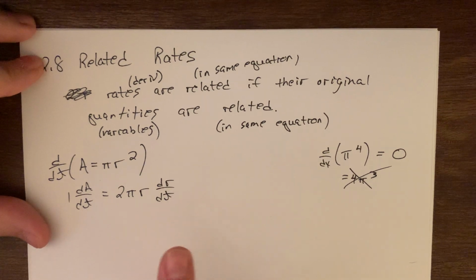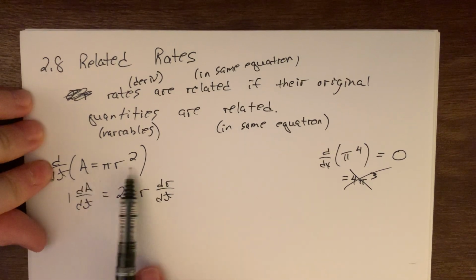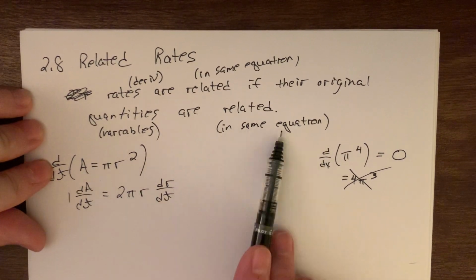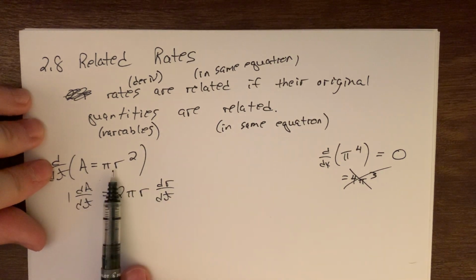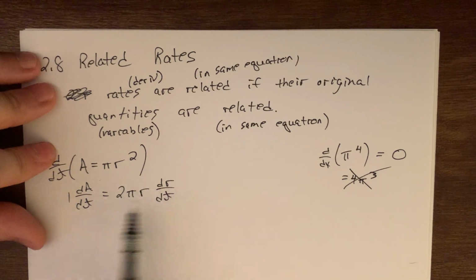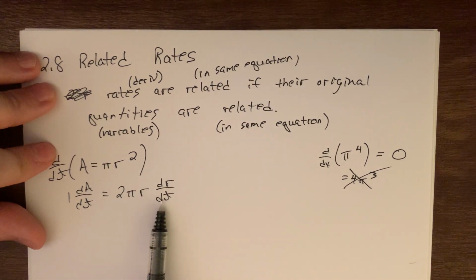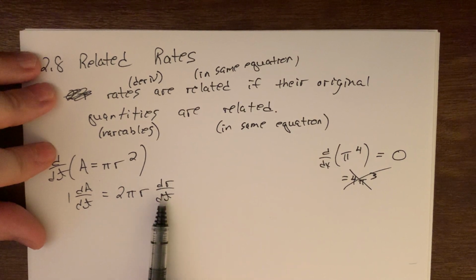So now, we're really just getting started, everybody. But this is the connection. We knew this original relationship, this original equation that connected the original variables. By taking the derivative of that equation, we now get a new equation, and that equation has the derivative of area and the derivative of the radius.